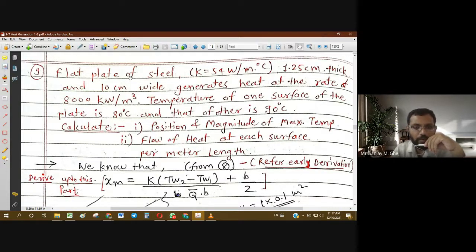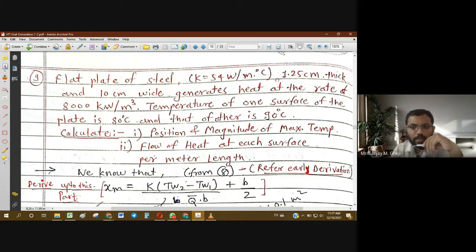Nothing is mentioned about the length for the entire wall in the given problem, so as it is said per meter, we can take length equal to 1 meter. Now you can compare the dimensions. Thickness is very small, 1.25 centimeter, whereas width is 10 centimeter and length is 1 meter. As compared to length and width, the thickness is very small. That is why we can assume it to be one dimensional heat transfer.